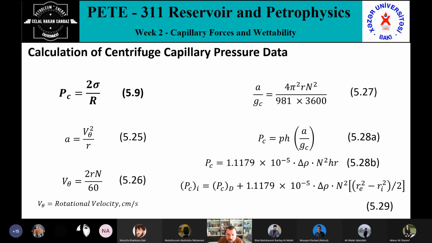Okay, so dividing this one and this rotational velocity formula, when we give it, it is 2 pi times r, the radius, times n, which is here revolutions per minute.